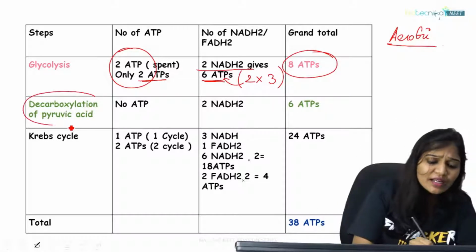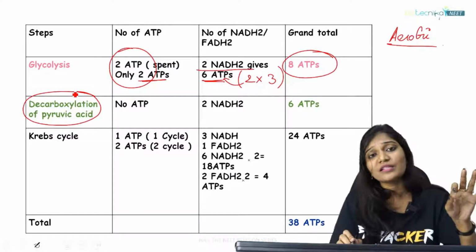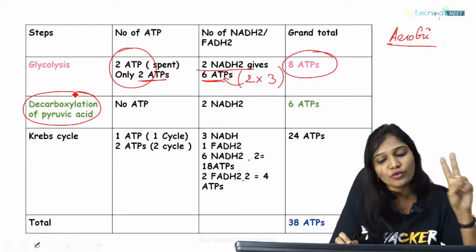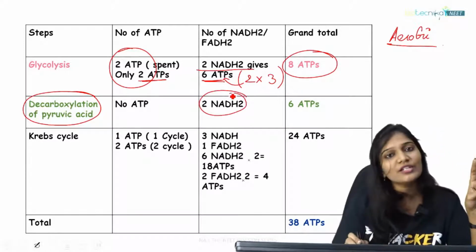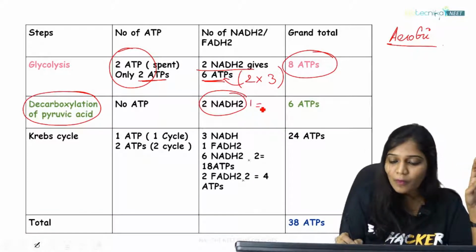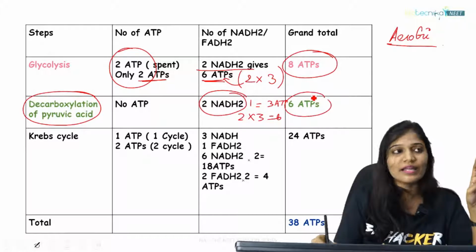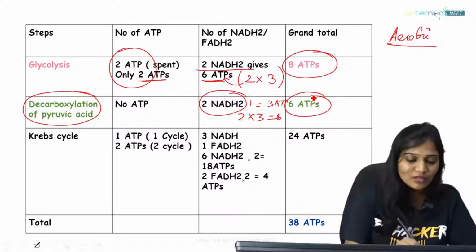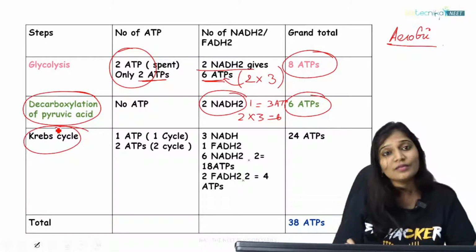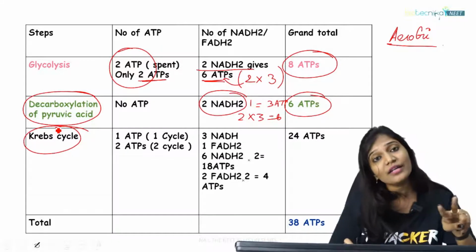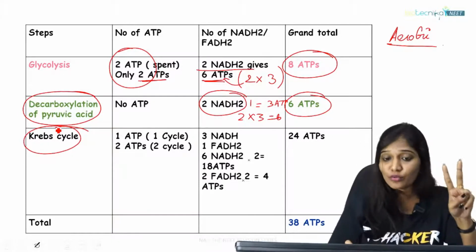The next one, decarboxylation of pyruvic acid, has no ATP. Only NADH is produced. For 2 pyruvic acid, there are 2 NADH. One NADH gives 3 ATP, so 2 gives 6. So in total 6 ATP for pyruvic acid decarboxylation. Krebs cycle: 1 ATP is formed in one cycle and another ATP in the other cycle, because there are 2 cycles.